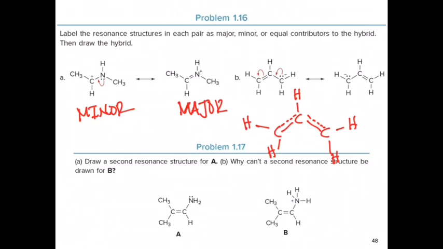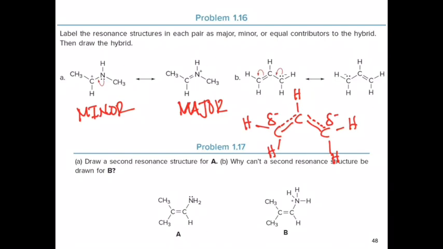All right, and what about the charges? Both carbons, in this case the first carbon and the third carbon, will have a partial negative charge. All right, and that's basically it for practice problem number 16.